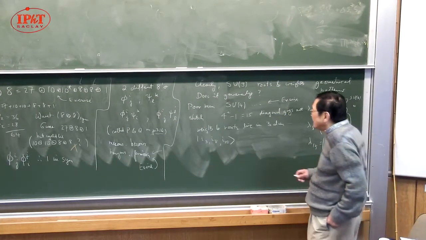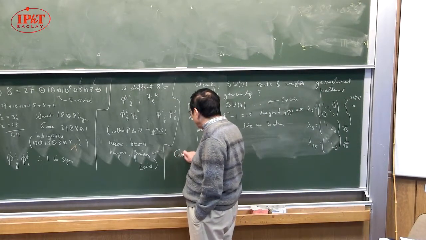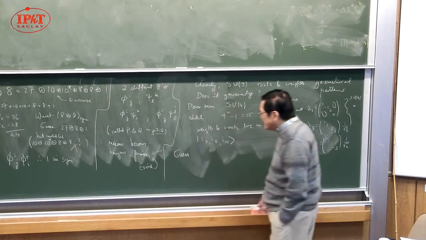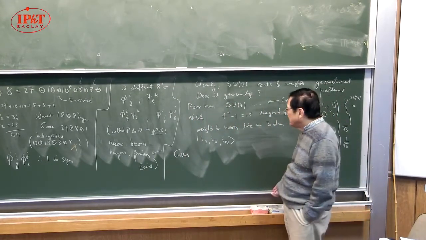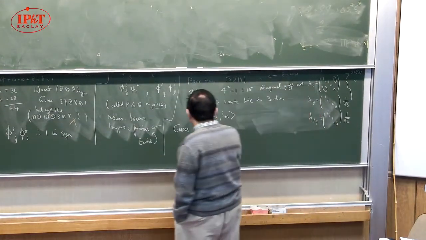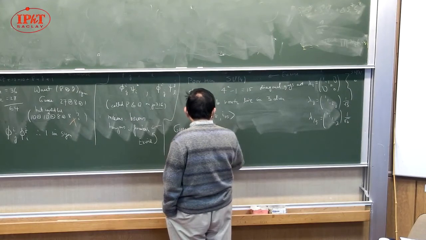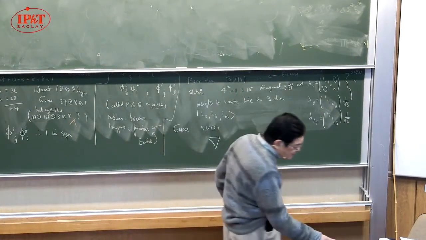Okay. So again, one approach in physics and mathematics is to make a guess. You remember that the roots in SU3, the weight diagram, is an equilateral triangle.